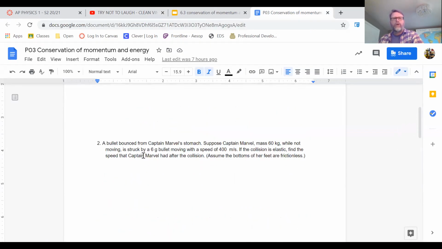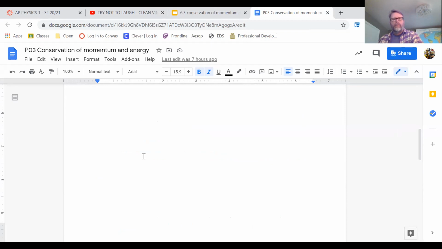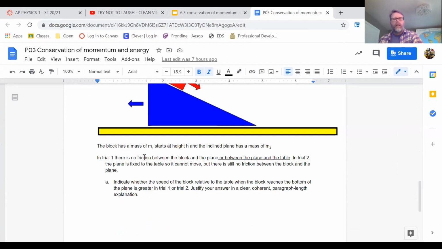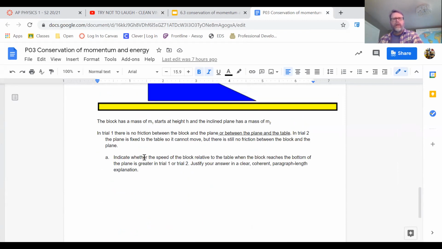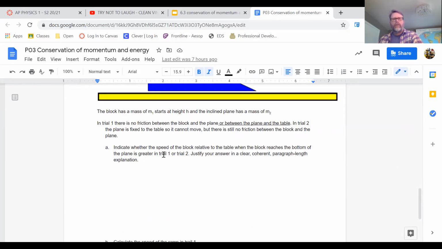Hopefully question 2 looks a lot like the one we did in class, except it stars Captain Marvel, personal favorite of mine, and it also has a question that very much echoes the type of wording that you'll see on an AP test. Justify your answer in a clear, coherent, paragraph length explanation.